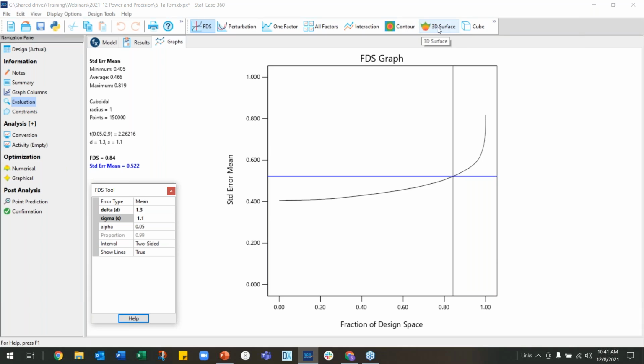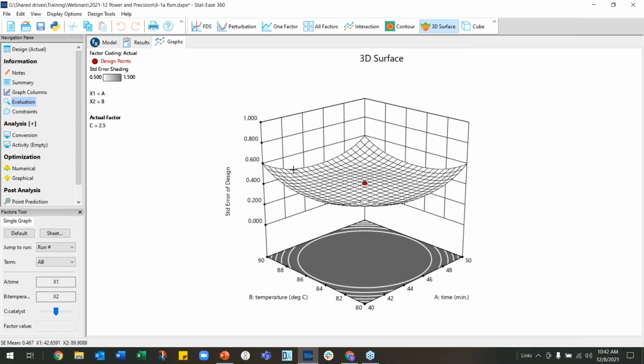We can look at the 3D of the contour plot. It's nice and flat. And certainly the areas that are going to have higher standard error are going to be right at the corners. So as long as your optimum ends up being in the middle, you're going to be good. If your optimum does end up being at a corner, then the precision of that optimum will not be as good as if it was in the middle.